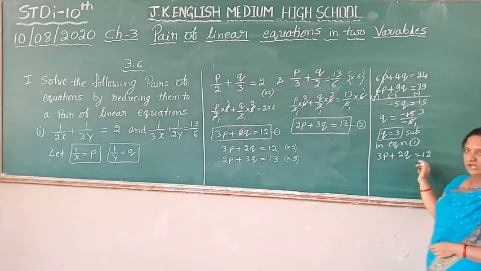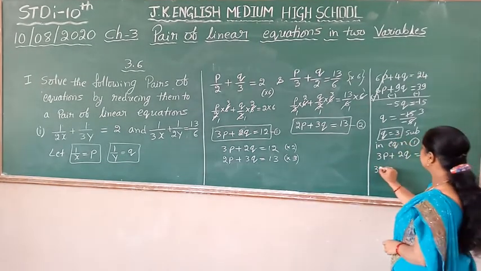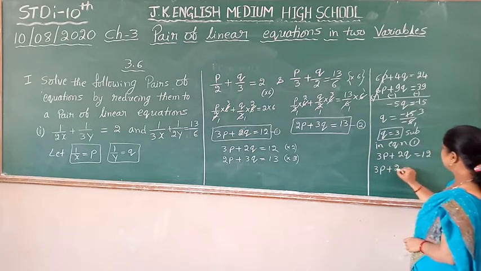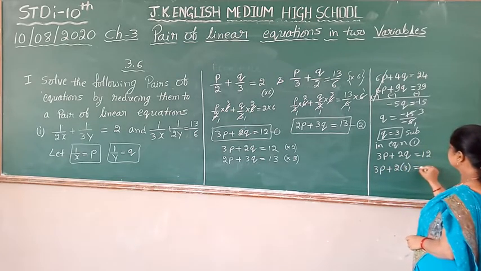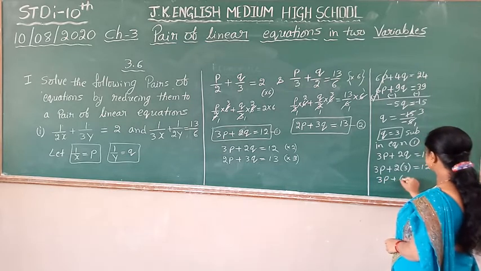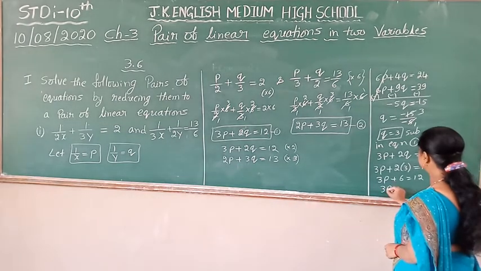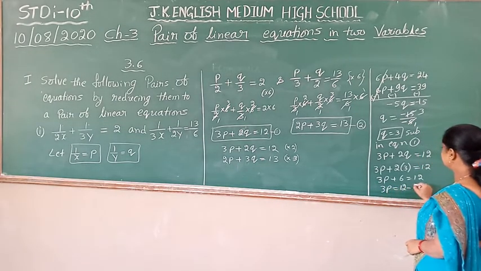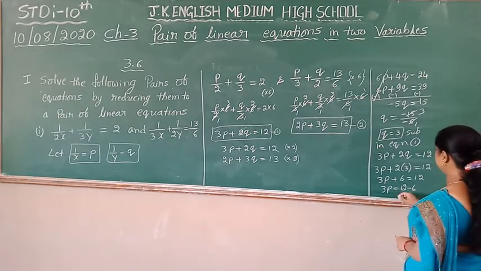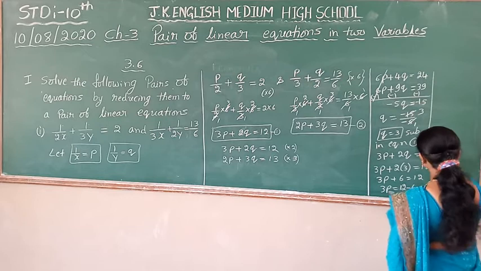In place of q you substitute 3: 3p plus 2 into 3 is equal to 12. So 3p plus 6 is equal to 12. Now 3p is equal to 12 minus 6. So 12 minus 6 means 3p is equal to, I am going to write it here.